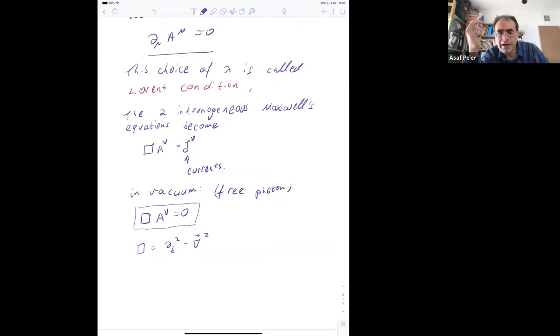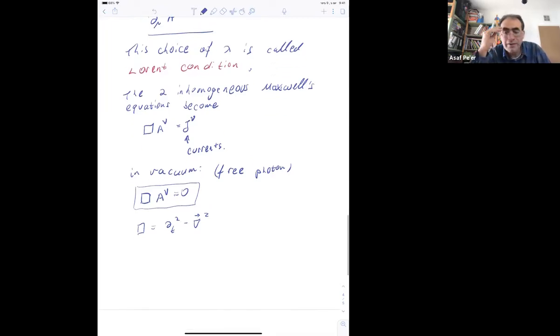That A nu, the 4-vector potential, well, what does it satisfy? What equation do you see here? Wave equation. Exactly, right? This is a wave equation, dt squared minus nabla squared of A. And what is the velocity, the phase velocity?